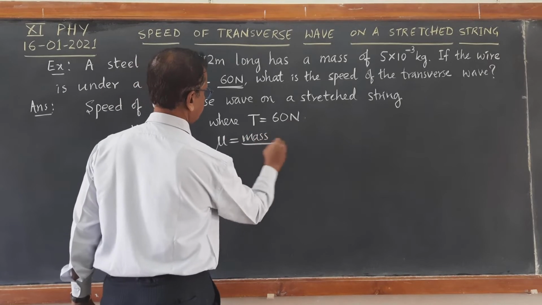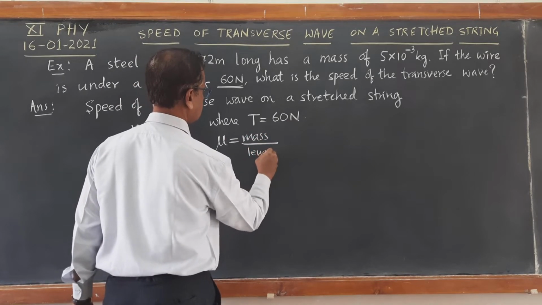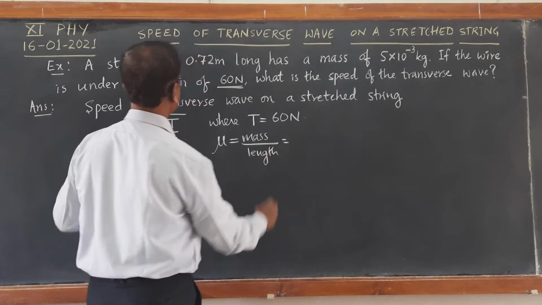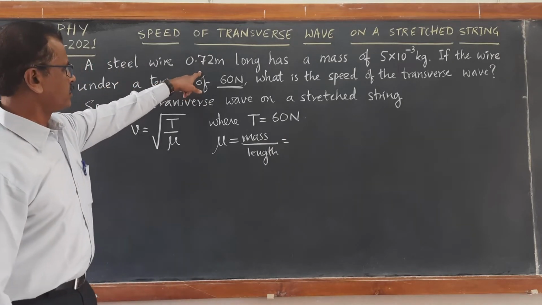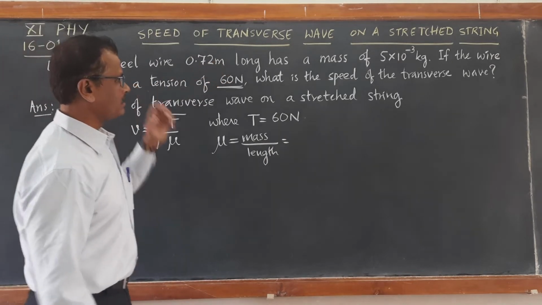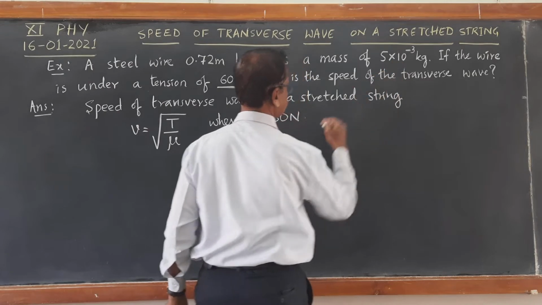So here mass of the entire 0.72 meter long wire is given. That is 5 gram. You can see here.